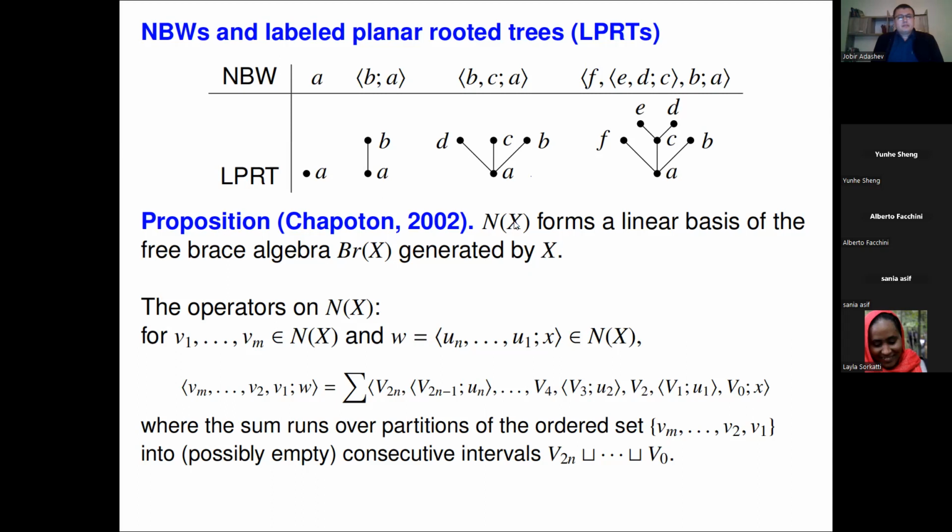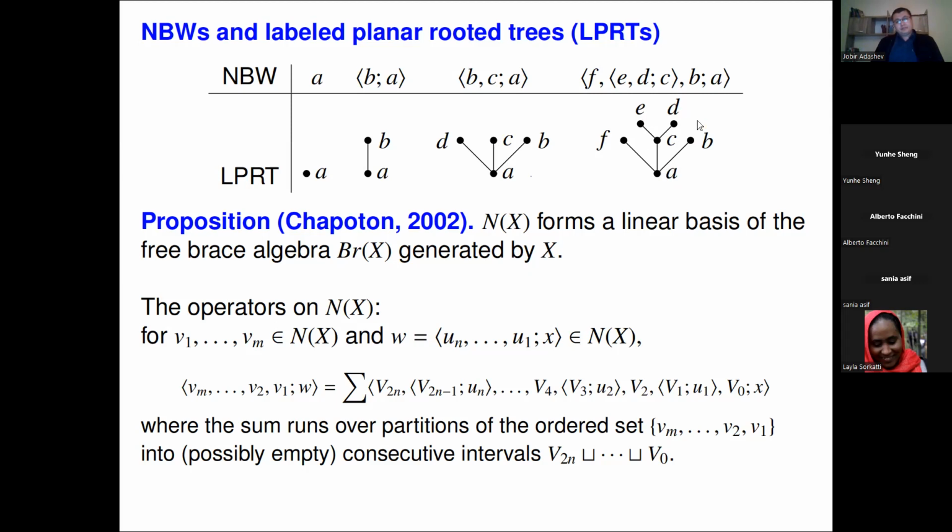Similarly, we can write the third brace word as a tree which has 3 branches, right? And the more complicated one as a more complicated tree like this. So from a we have 3 parts.